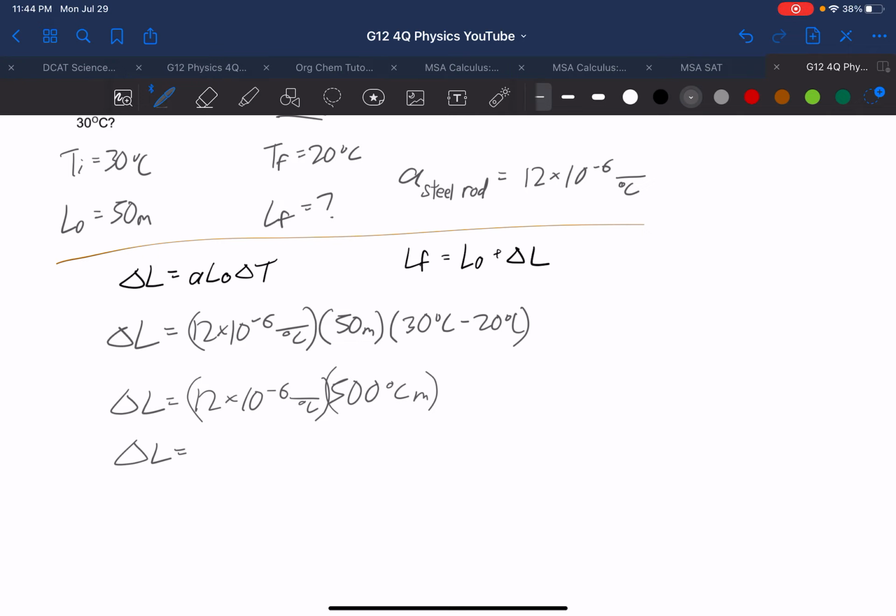Twelve times 10 raised to negative 6 times 500. 6 times 10 raised to negative 3. These cancel. What we have left is meters.